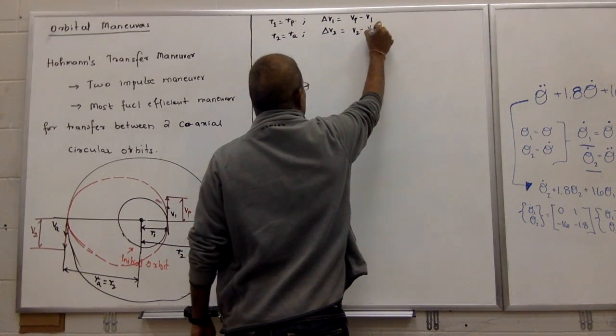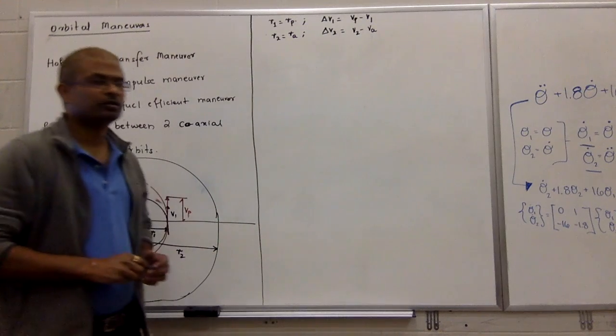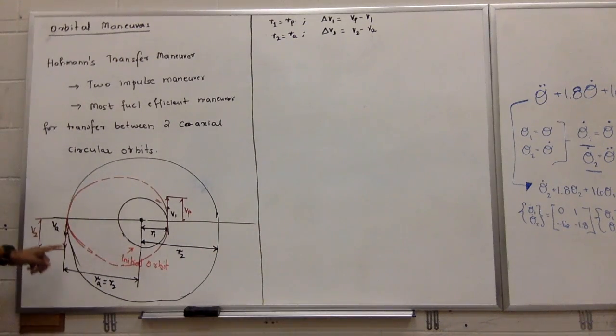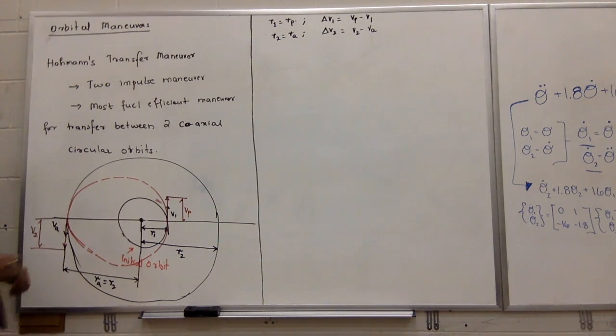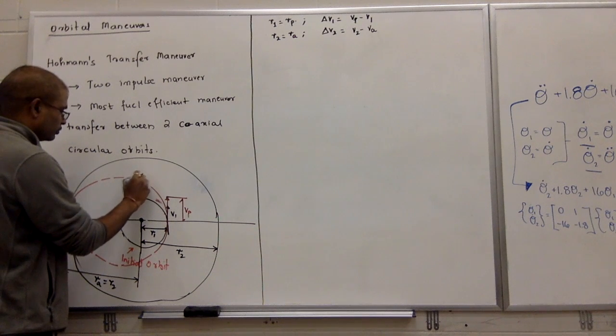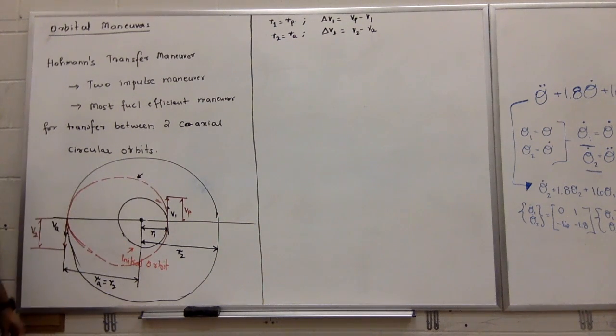Once you do the second maneuver, you see the two maneuvers. The first maneuver will take it into, what would you call this orbit? Elliptical, yes, but what would you call it?